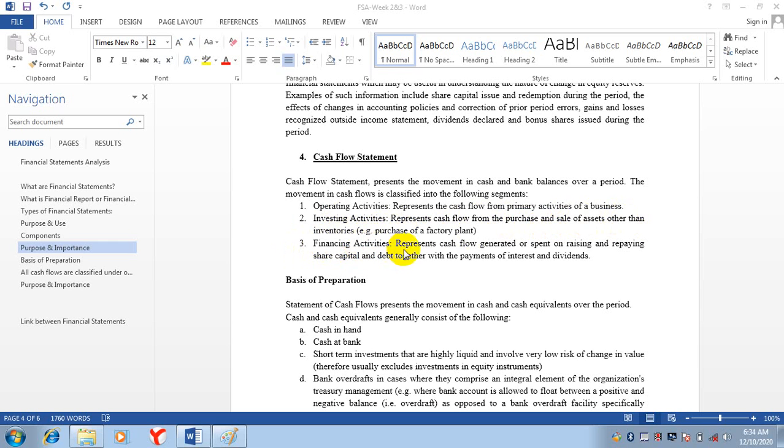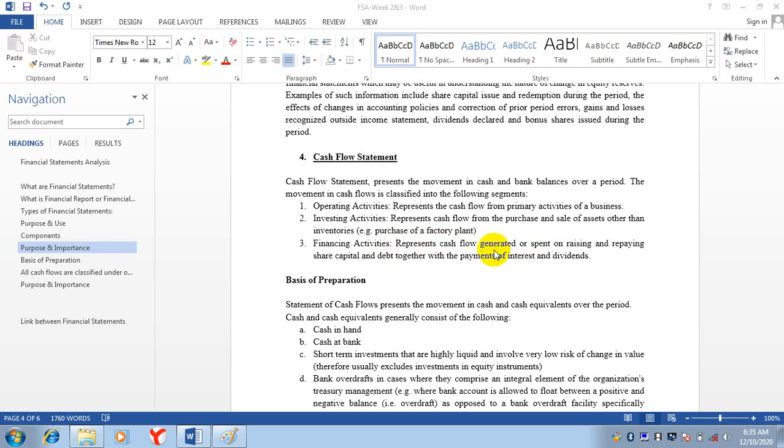And the third one is financing activities. So you know about financing. It represents cash flow generated or spent on raising and repaying share capital and debt together with payments of interest and dividend. Here we are concerned about raising finance, getting money by issuing bonds, by issuing stocks, taking a loan from a bank, or the repayment of these things.